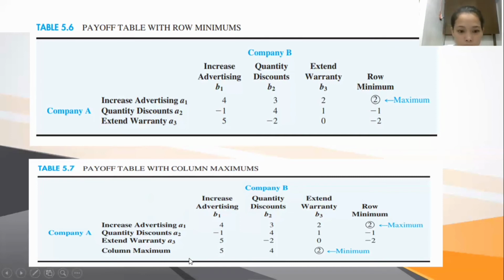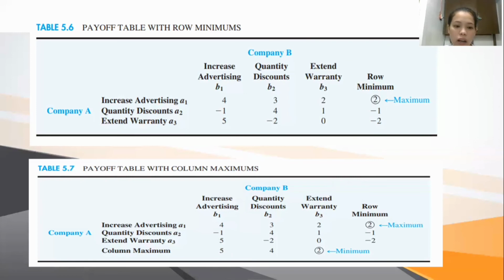So company B identifies the maximum value for each column of the payoff table. For B1, the maximum value is 5%. In B2, the maximum value is 4%, and B3 has the maximum value of 2%.